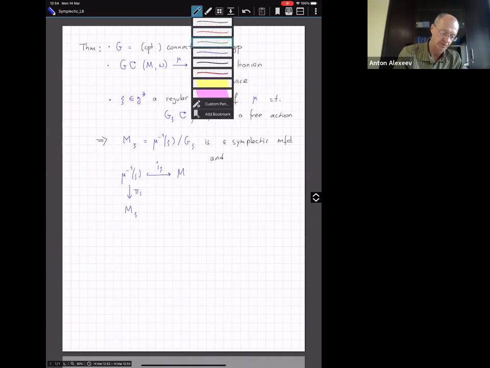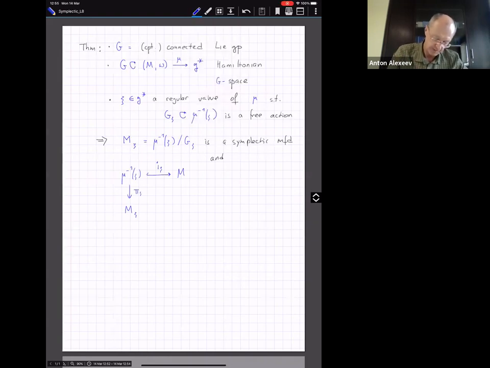And we have the following equation. The symplectic structure on the reduced space lifts to the fiber, and there it coincides with the restriction of the two form of the ambient space. So that's the construction.